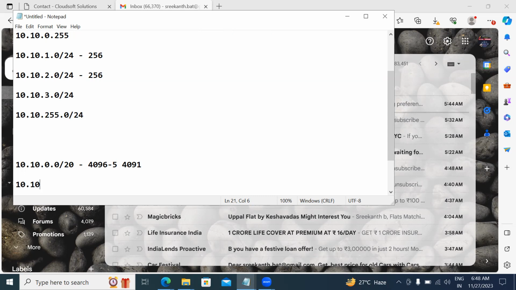Okay, so how many rows will this take? Each row, assume 256 IPs. Then 4096 will take how many rows?